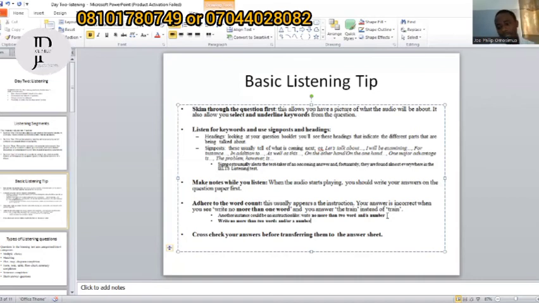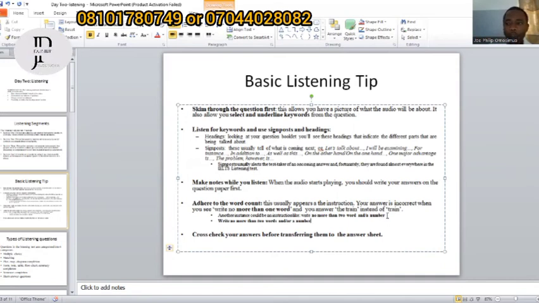Then finally, cross-check your answers. Cross-checking your answers means a lot in the listening test. Reason being that you have written your answer on your question paper.